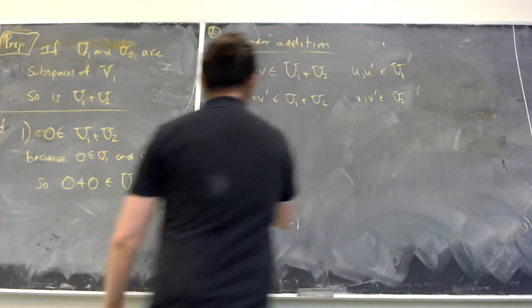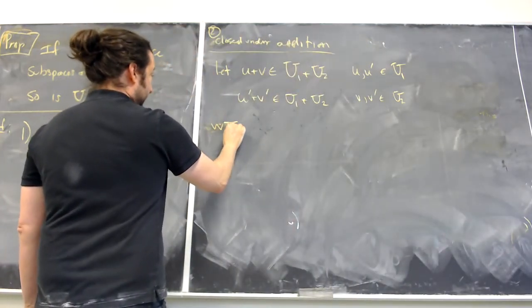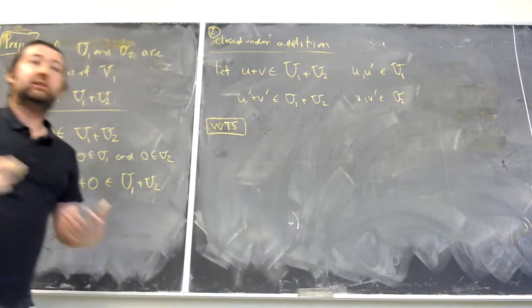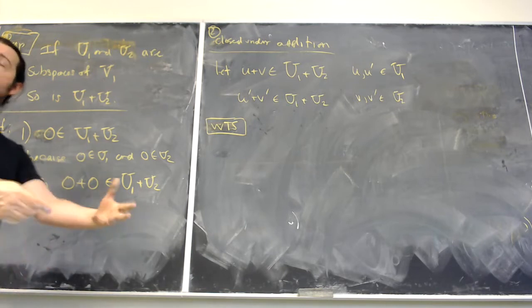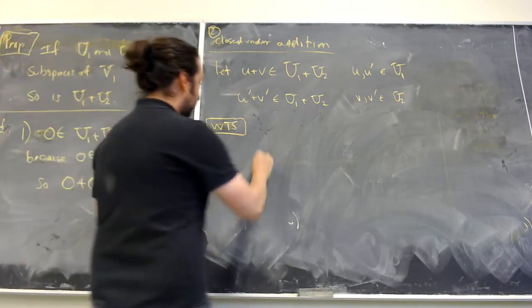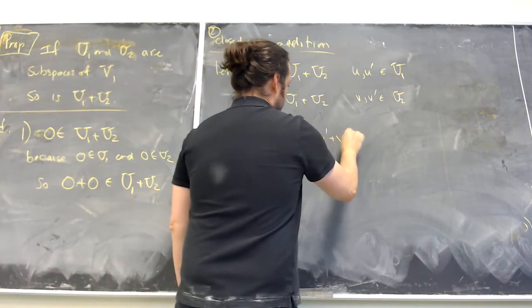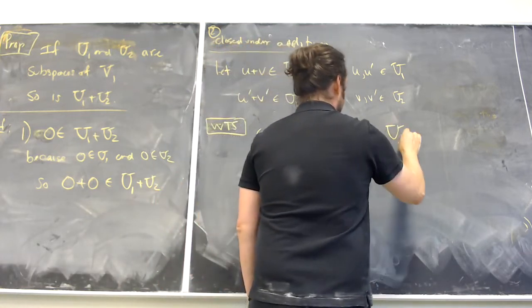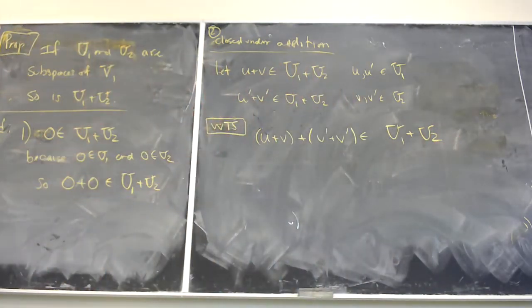So what we want to show, and it's totally okay to do this, by the way, to give yourself structural hints about where you're going so you don't get lost, is WTS, or want to show: that u plus v plus u prime plus v prime is in U1 plus U2. That's what we're after. That would show closure under addition if that sum was in there.